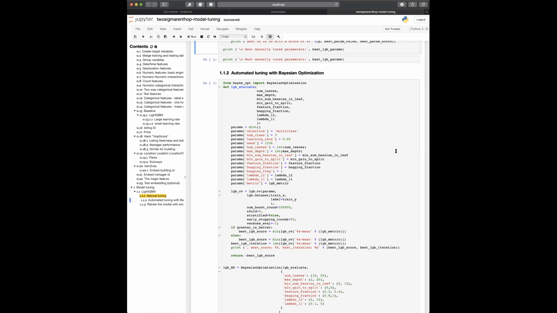They are just different implementations of Bayesian optimization, so I think they will both work well. I personally don't have much experience with Hyperopt, but I would expect they are the same thing.